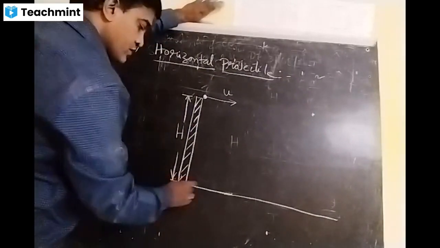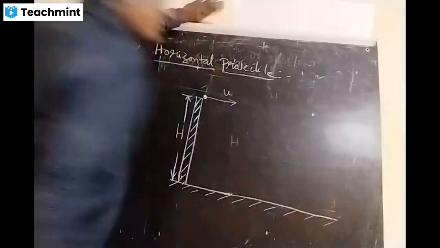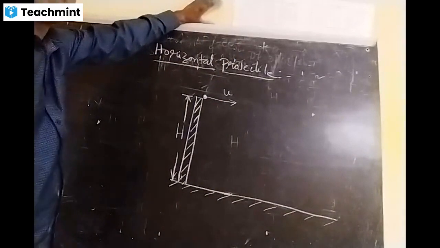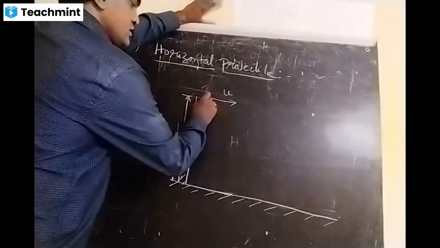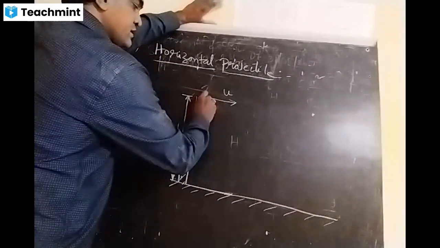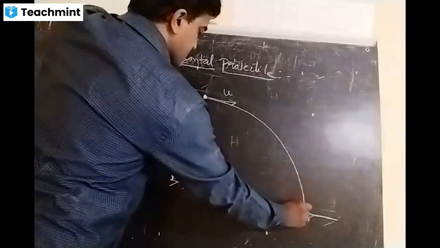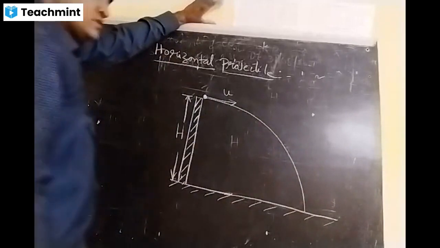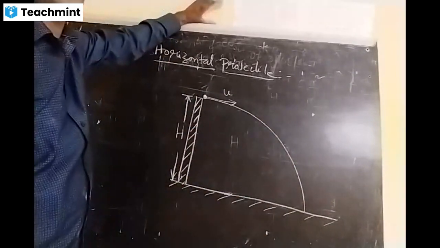It falls down because of the acceleration due to gravity, the gravitational force. When you project the particle horizontally, it takes a path like this. It will fall down in a curve. This curve is again a parabola in mathematics.